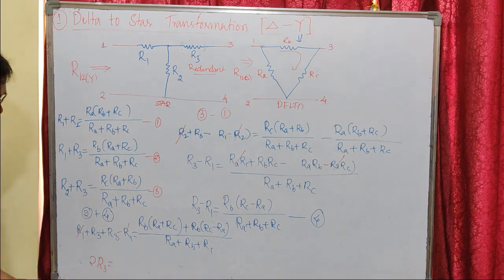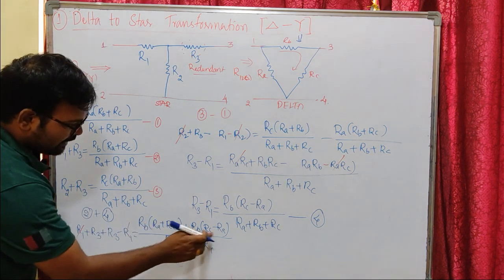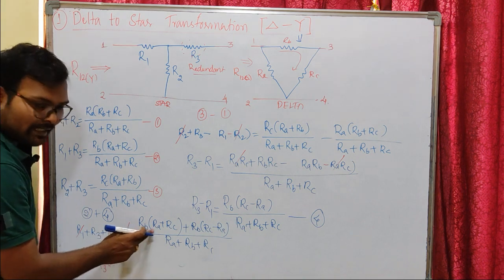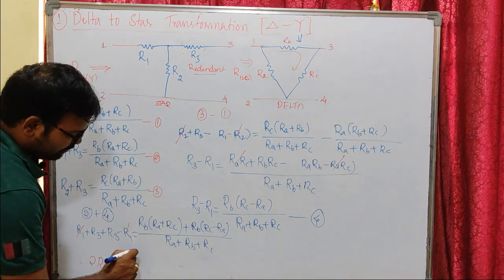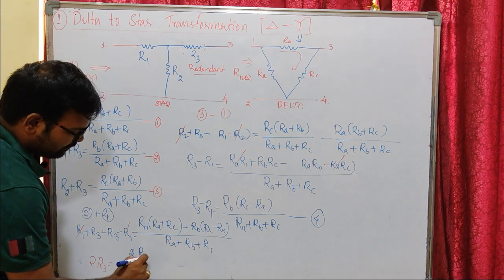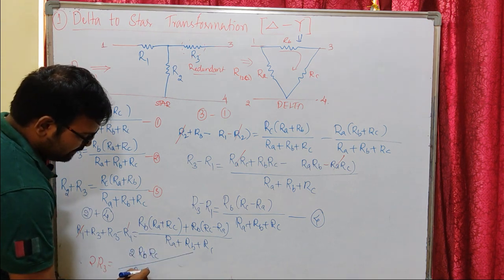If you rearrange this, RA RB minus RA RB gets cancelled, and plus RA RB minus RA RB gets cancelled. We are left with 2 times RB RC by RA plus RB plus RC.